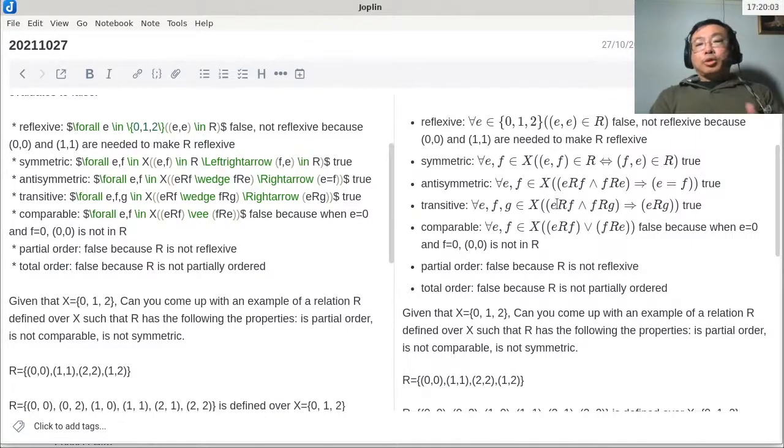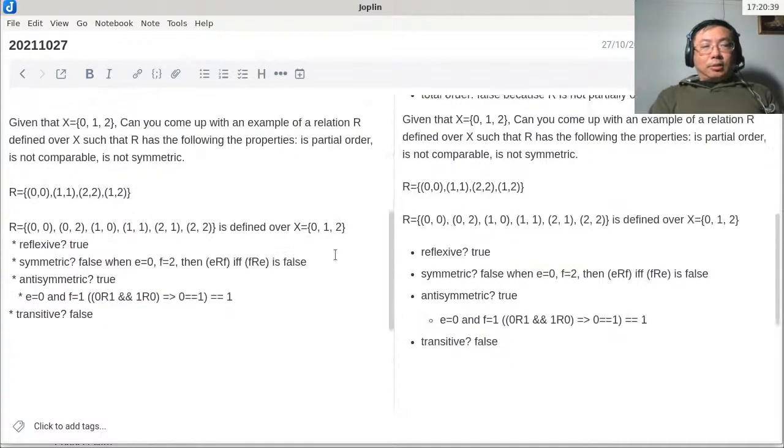And you want to find a non-trivial case, because if you say, oh, when E, F, and G are all the same, then the left-hand side is true, that is a trivial case, because that automatically makes the right-hand side true too, which means it is useless to you. So you need to find a non-trivial case where E, F, and G cannot all be the same. If you can find a case where E, F, and G are not all the same, and this conjunction is true, then you have a chance to make transitive false.